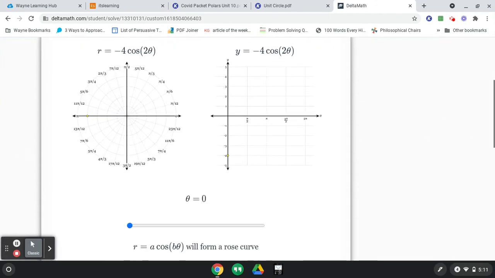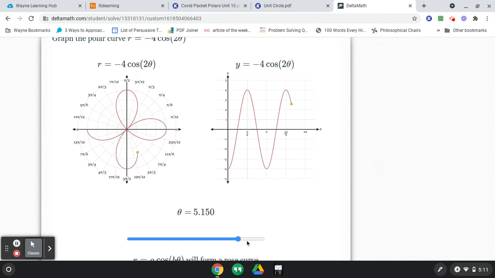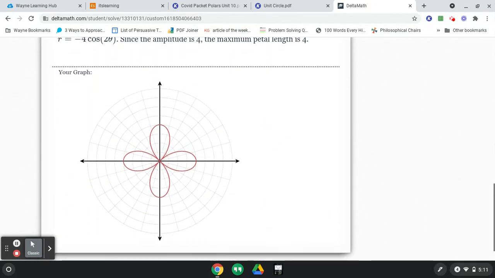Again, they give a lot of instructions here, and if you want, you can kind of slide this over to see why it happens. Has to do with the way the cosine graph works. There we are.